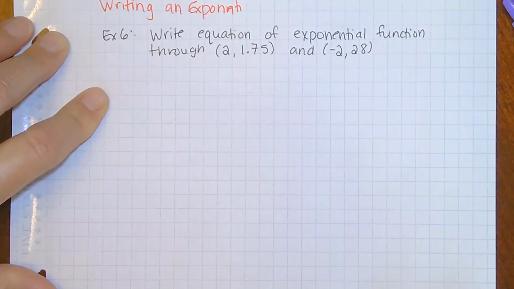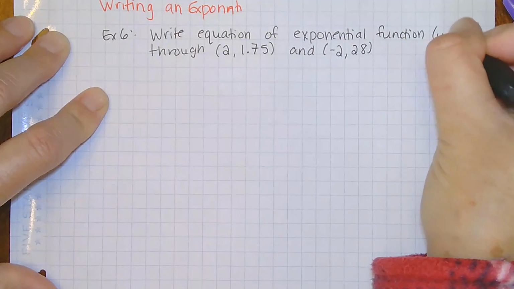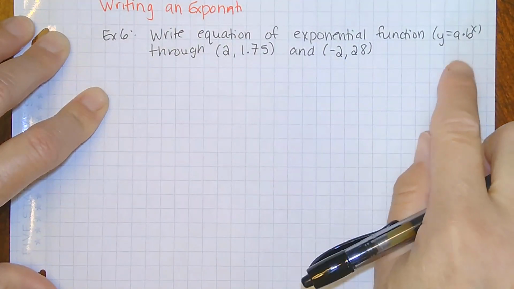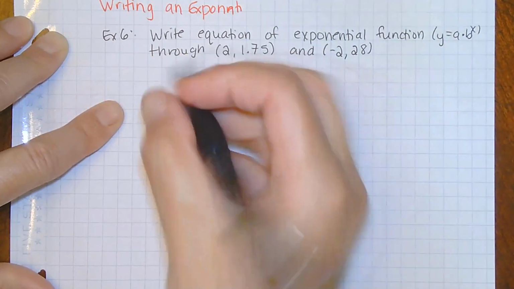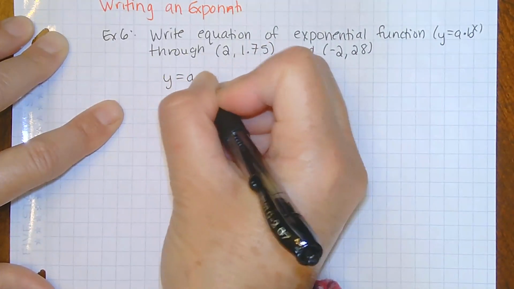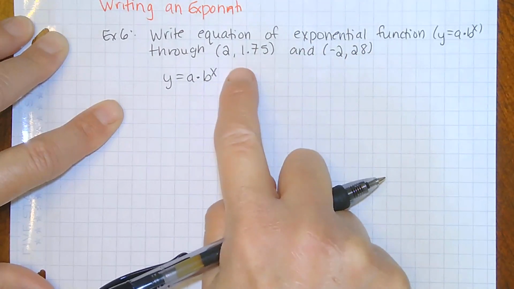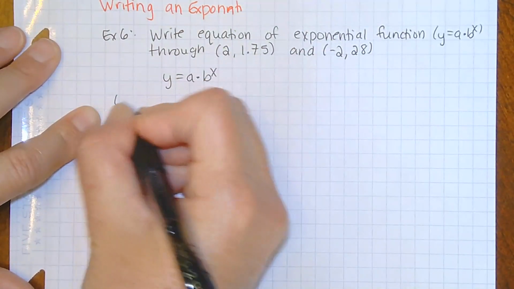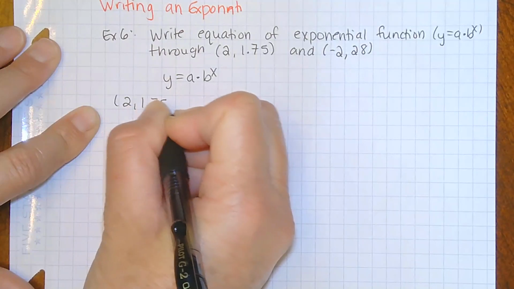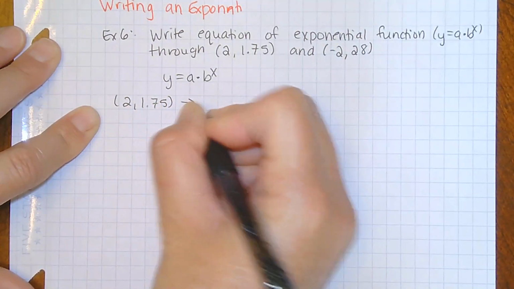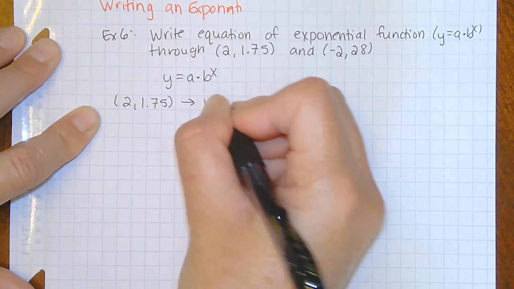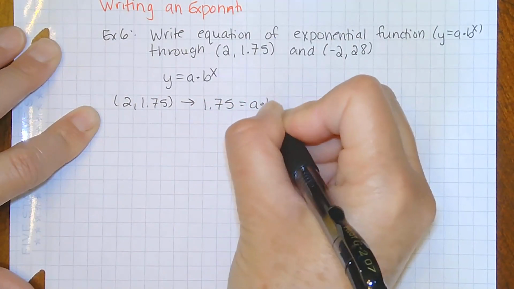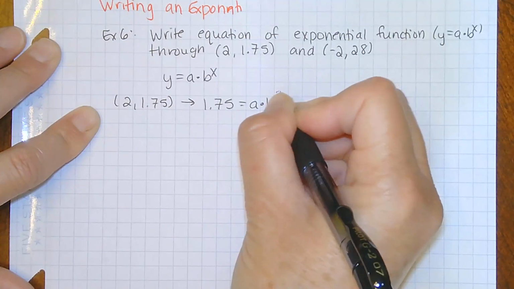So again, this equation is of the form y equals a times b to the x. That's the form we're going to be doing. So let me write that here. And we're going to be substituting these in for your x and y to get your two equations. So 2 comma 1.75 is going to give me 1.75 is equal to a times b to the power 2.